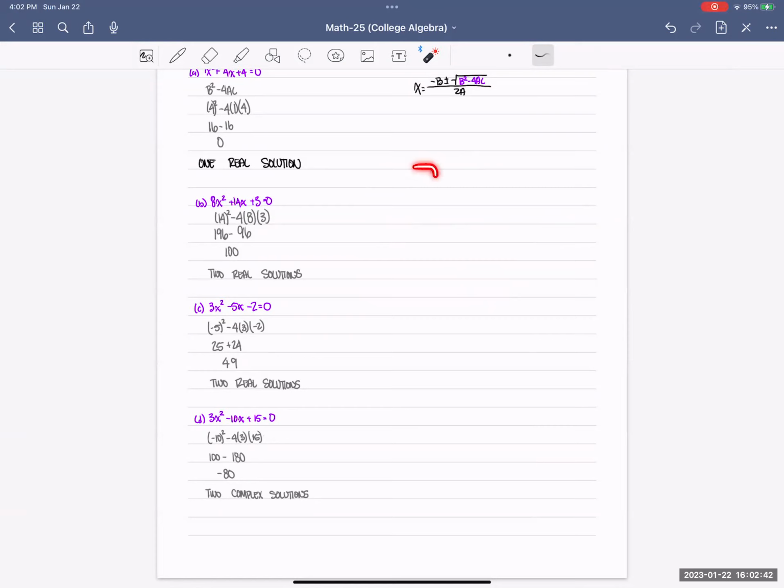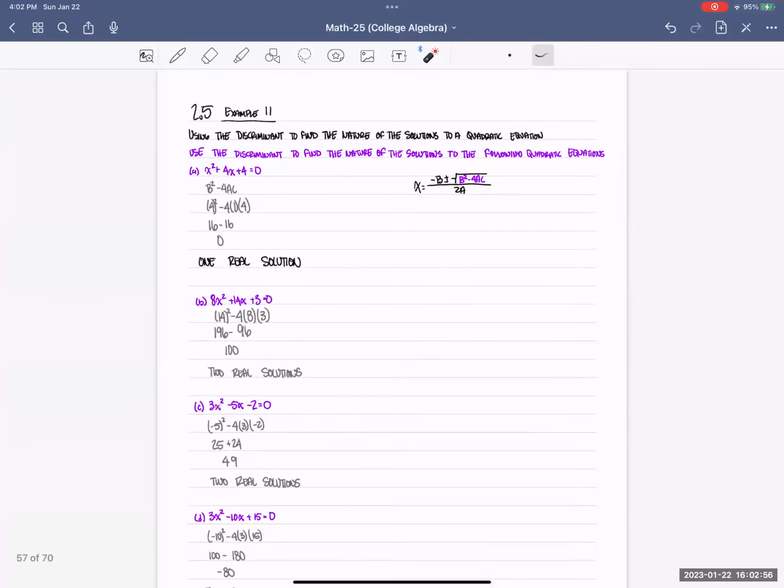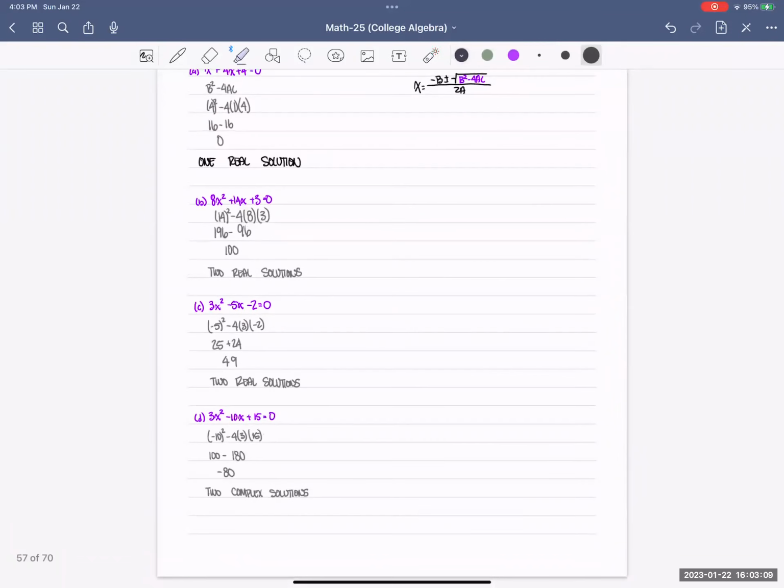When we take the square root of a positive number, we end up with some sort of value, even if it's a disgusting number like the square root of 13, a decimal that keeps going on forever. We still have a value there. If it's equal to 0, this entire part gets lost, so we lose that plus or minus and it only gives us one solution. So those are the three different scenarios when we throw numbers into our discriminant.